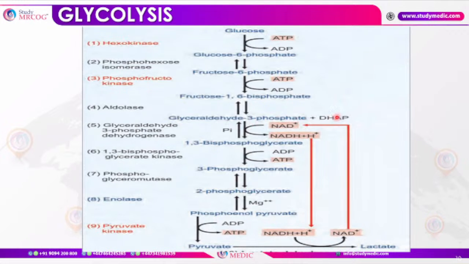When aldolase splits fructose into glyceraldehyde 3-phosphate and DHAP, 1 glyceraldehyde 3-phosphate will give 1 NADH and 2 ATP. Similarly, DHAP, dihydroxyacetone phosphate, will get converted to glyceraldehyde 3-phosphate, which again gives 1 NADH and 2 ATPs. So net there will be 7 ATP production under aerobic conditions.